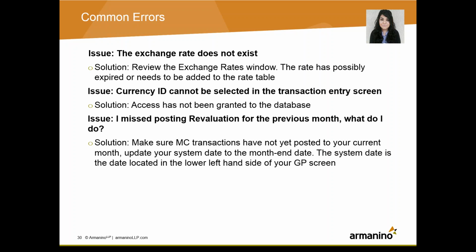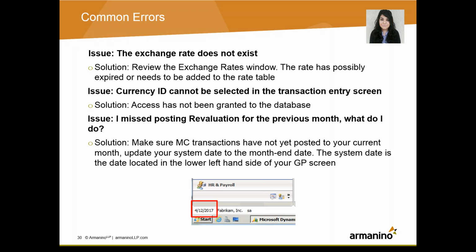Another thing that we see quite often is that revaluation is missed in the previous month, and they've already been a week into the current month and they don't know what to do. So at that point, if you missed revaluation, a trick that you can do is clicking on the system date, which is located at the bottom left-hand corner of your screen.